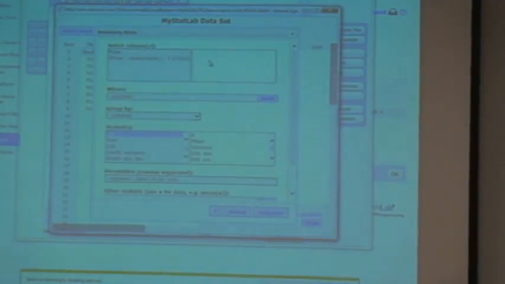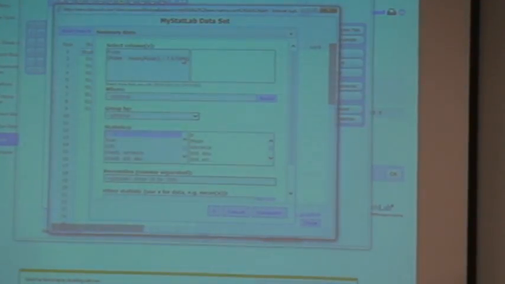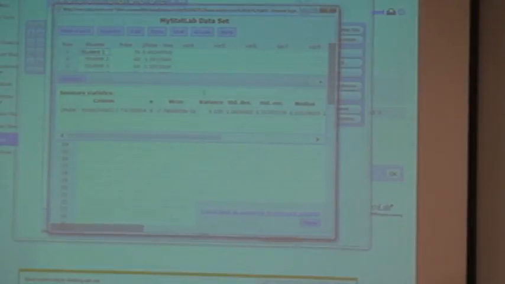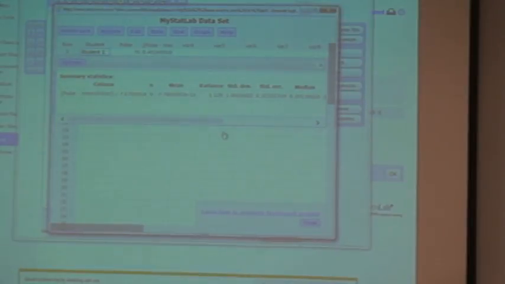Just as we did before. And we'll click now the z-scores, which is pulse minus the mean of pulse, and so on.